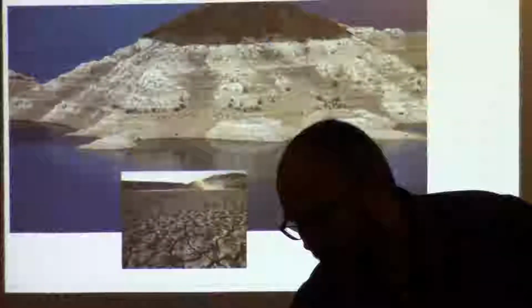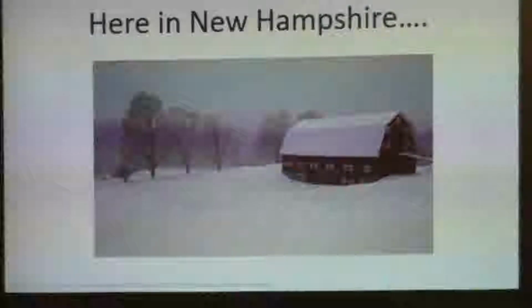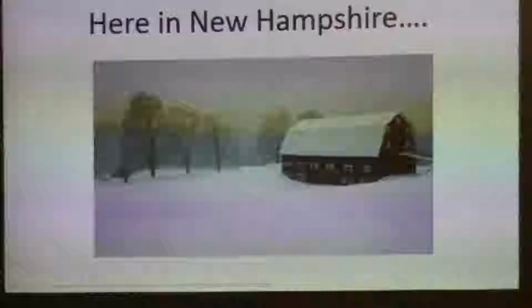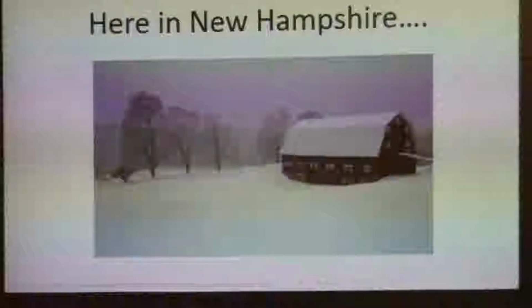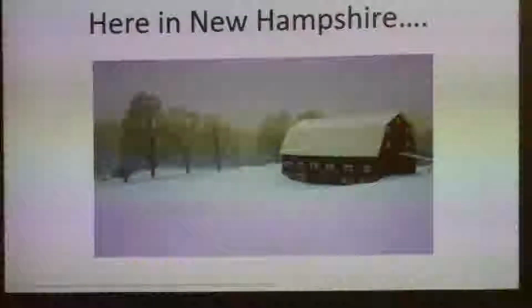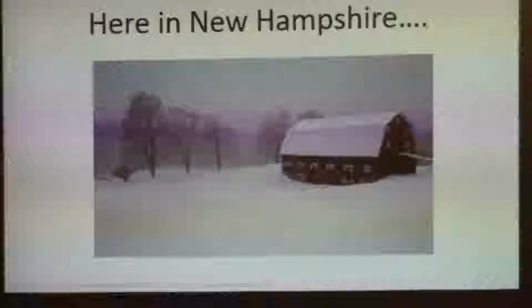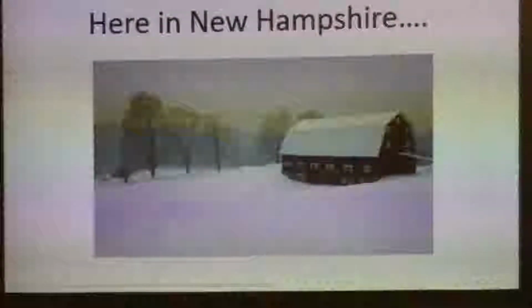But let's bring our thinking back to our neck of the woods here in New Hampshire. So what limits our ability to harvest the sun's energy in plants here in New Hampshire? Well, obviously we're lacking the required heat units for a good portion of the year.